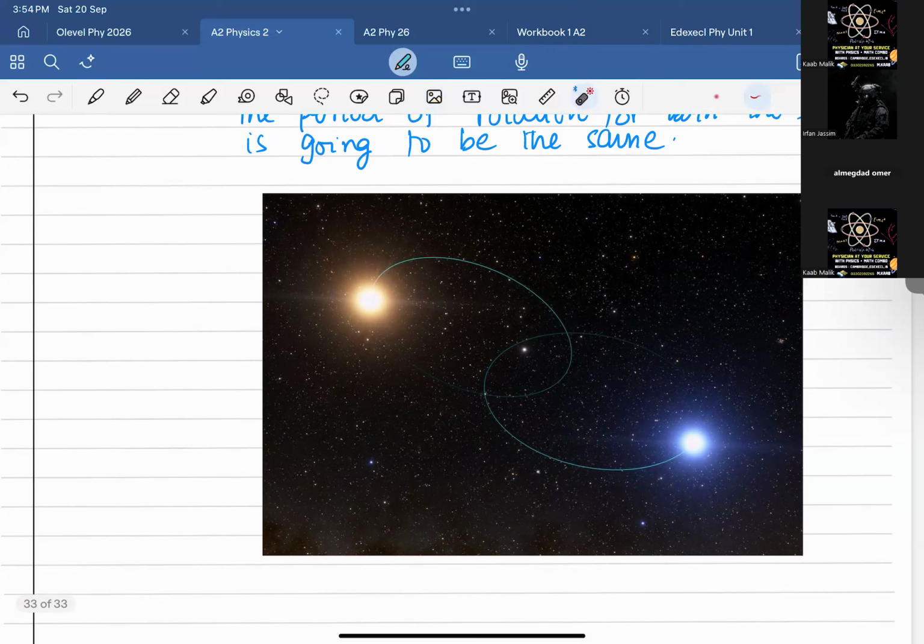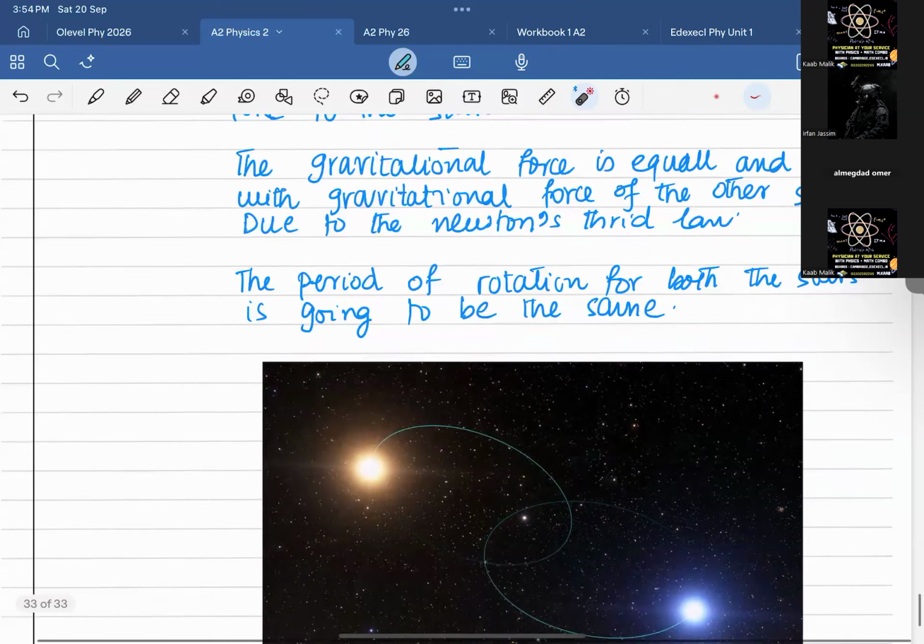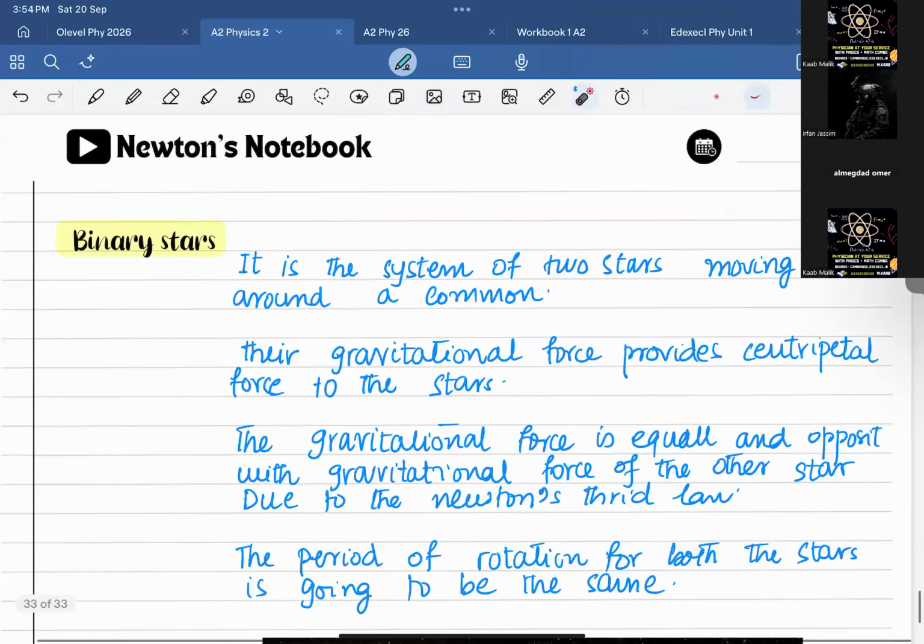The center will be somewhere here, and they're moving around it. Okay, so this is how it works, right?